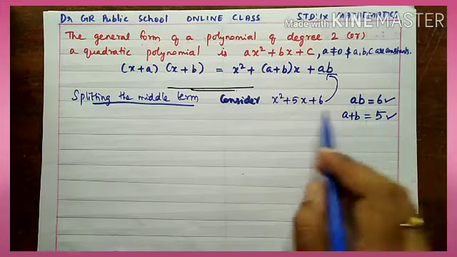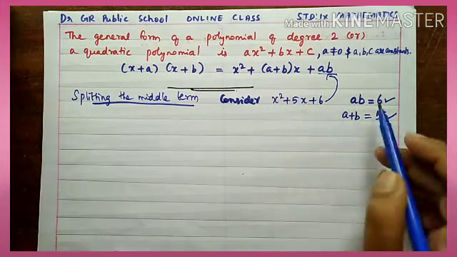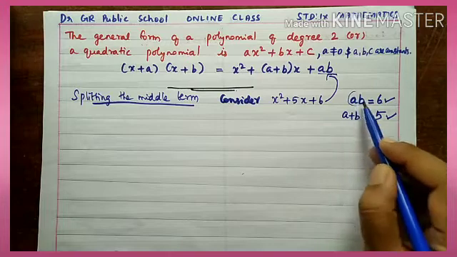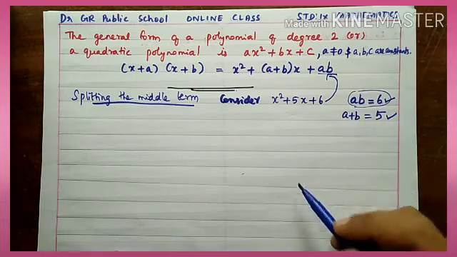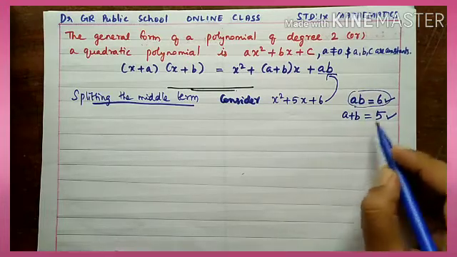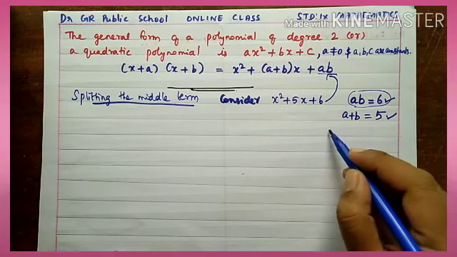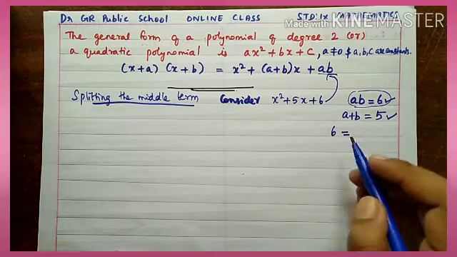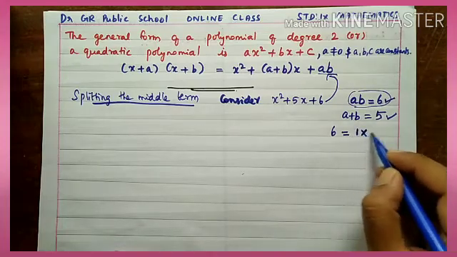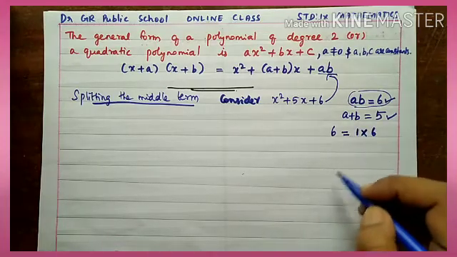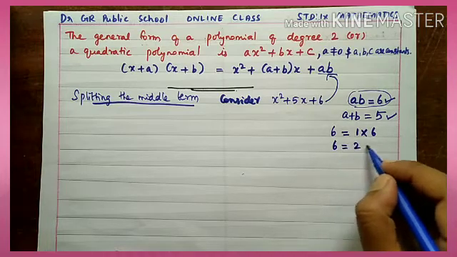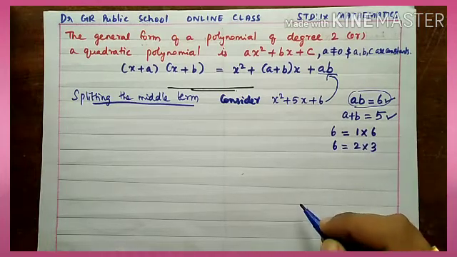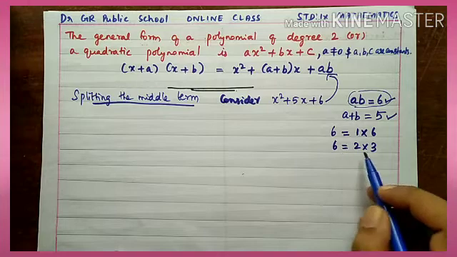Whenever you do this type of problem, you start with the product of two numbers. So you know 6 is the product. For getting the product 6, what are the combinations of factors you know? We know 1 into 6 is 6. Similarly we know 2 into 3 is 6. Any other numbers form 6?